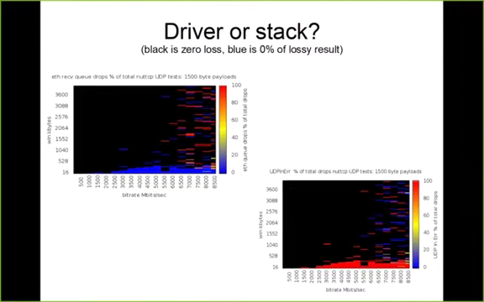So on the left, the Ethernet receive queue drops, the Ethernet driver dumped packets. It's more responsible for the high rate stuff as you climb up the buffer ladder there. And then on the right, you can see that most of the low buffer loss happened when we didn't have very much buffer.